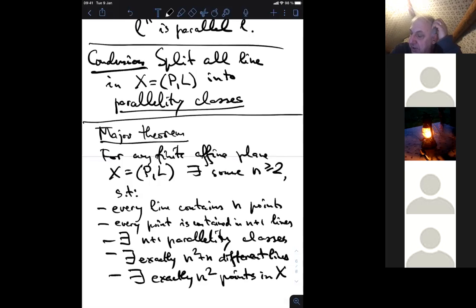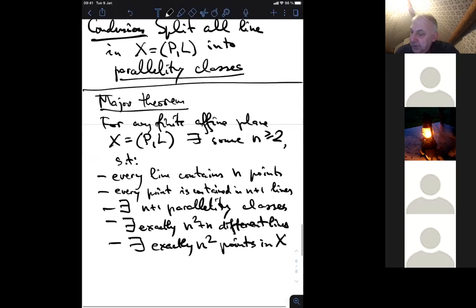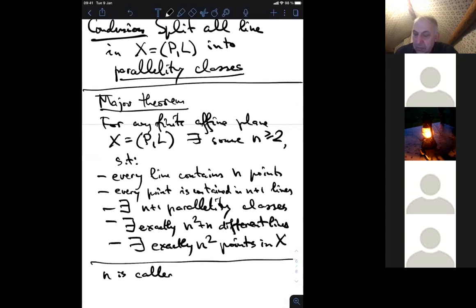Each point is contained in n+1 lines. Okay, so we'll prove it in a second. So n is called the rank. That's an important notion of X.